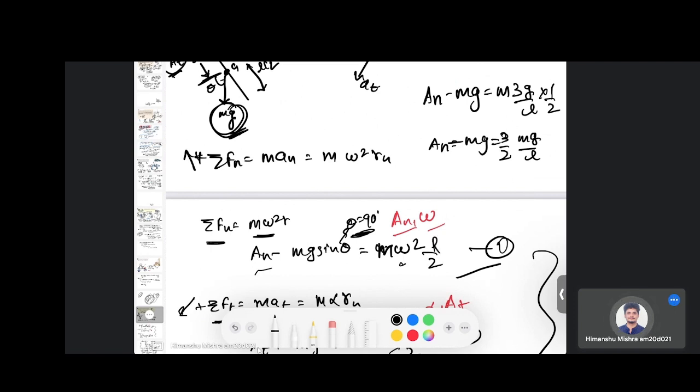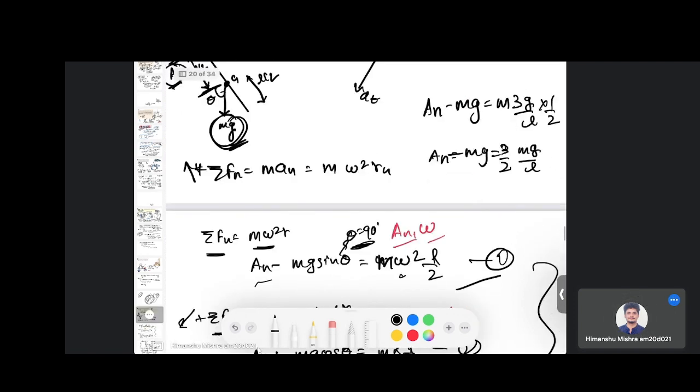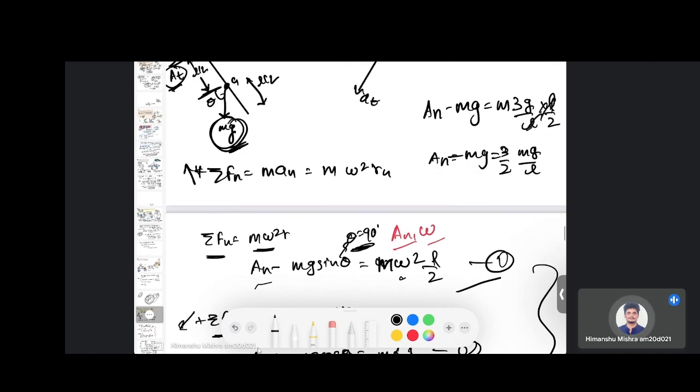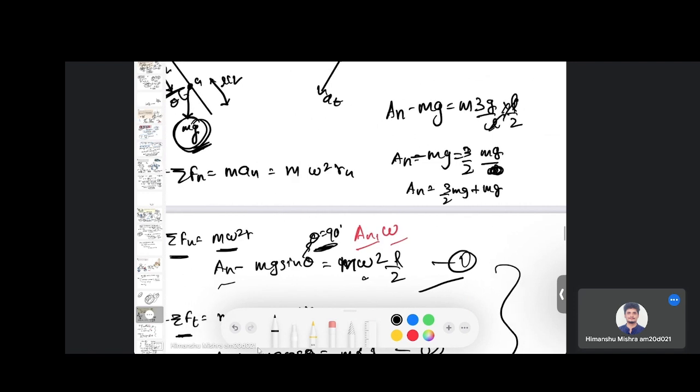L will cancel, right? So my En will be 3 by 2 mg plus mg. So it will be 2.5 mg. So this is my En.